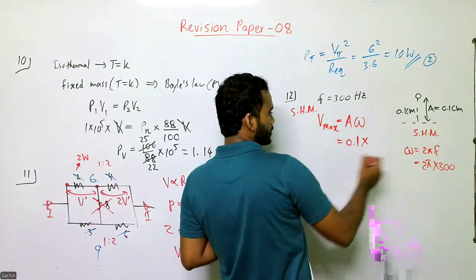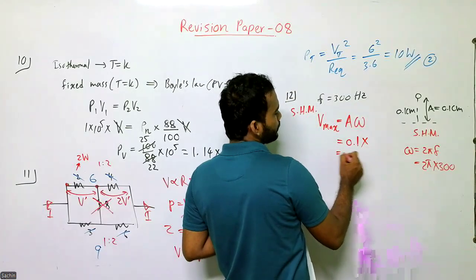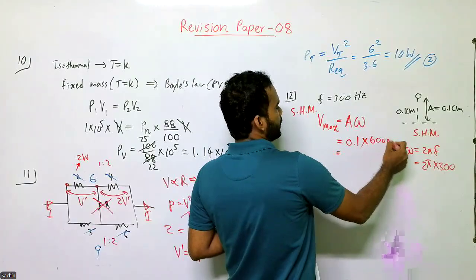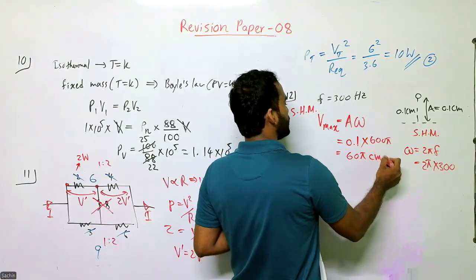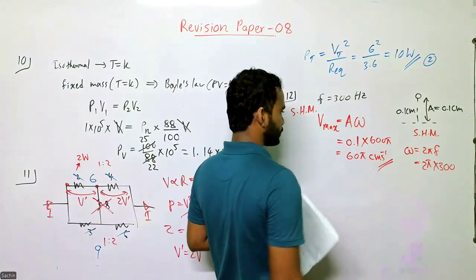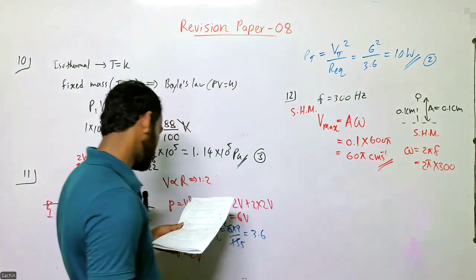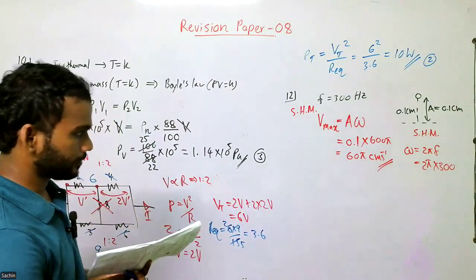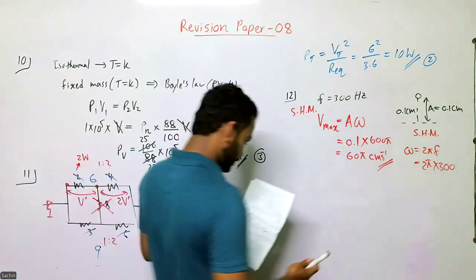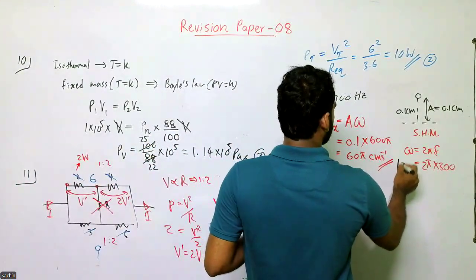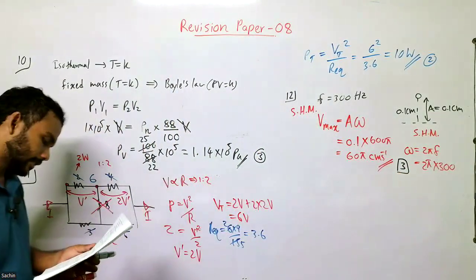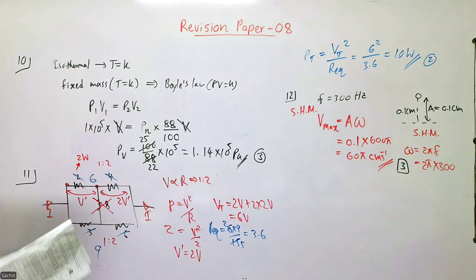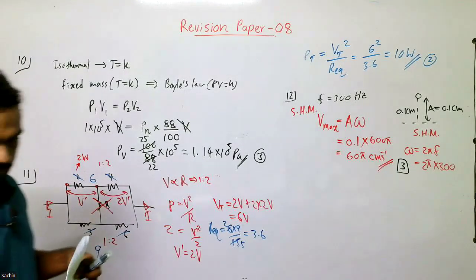The omega is 605. When you multiply it, you get 65 centimeters per second. So this is given in the third option. Okay, done.